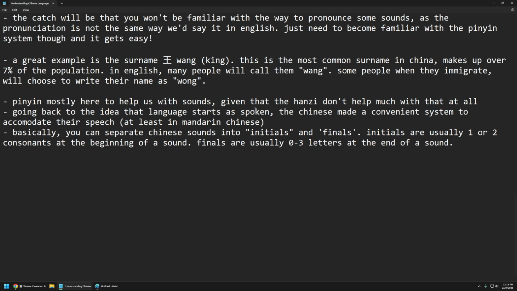So we saw with Wang, the W here is the initial, ang is the final. We can then make a table showing which combinations of these are allowed. Allowed just means they exist, right? Because we're not making a written language, we're just writing down how we speak the language.